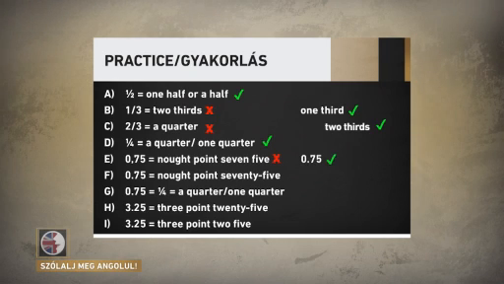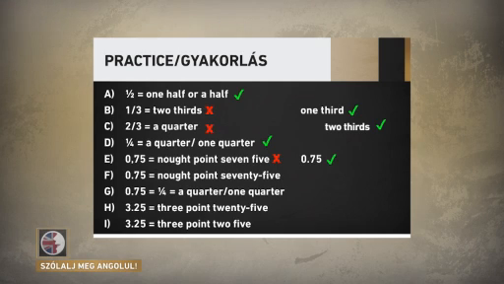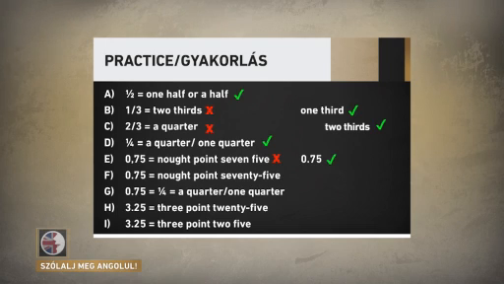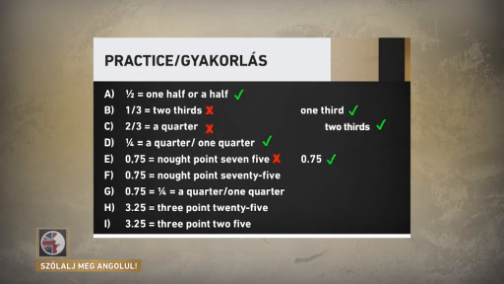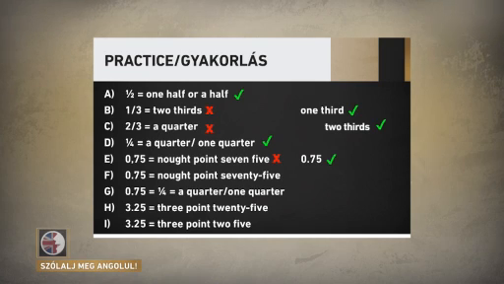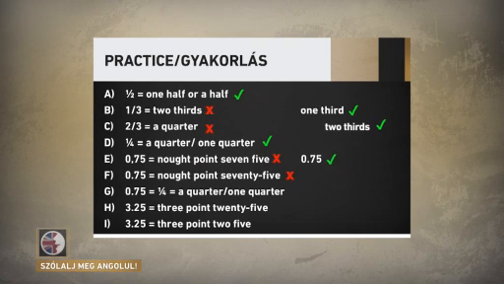0,75 is incorrect. Why? Because we put a full stop when we write a decimal fraction. 0.75 is 0.75, which is also the same as 3/4. Now, what about the next one? 0.75 is 0.75, not 0.75.